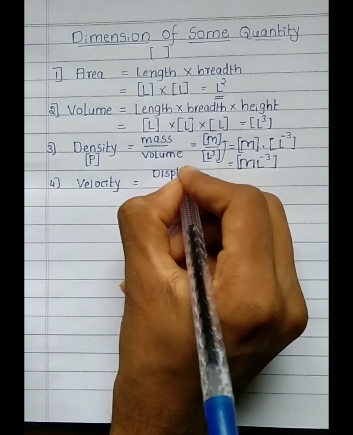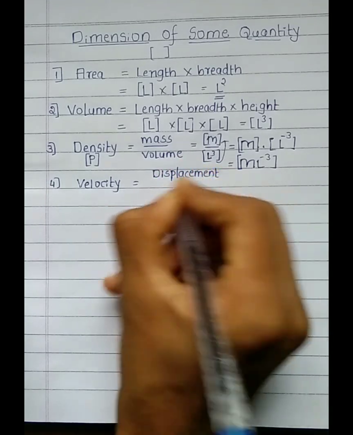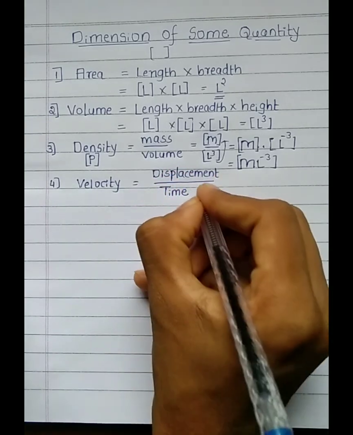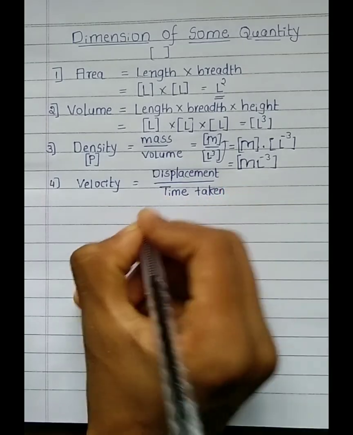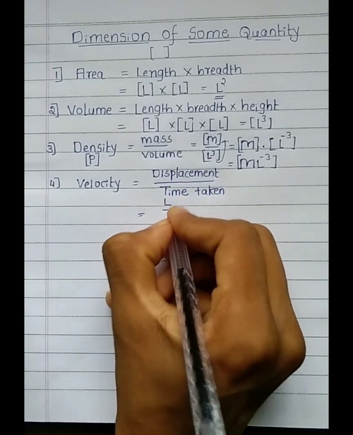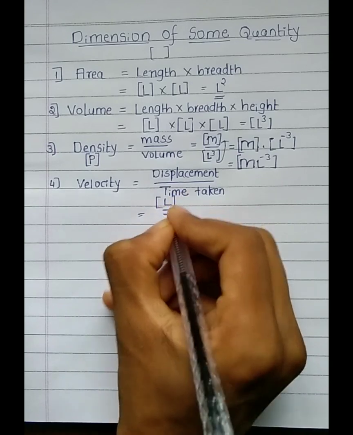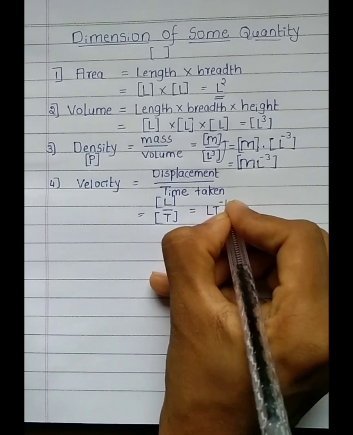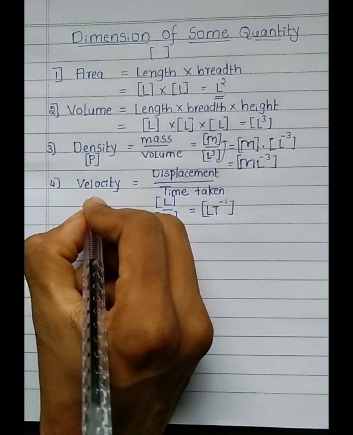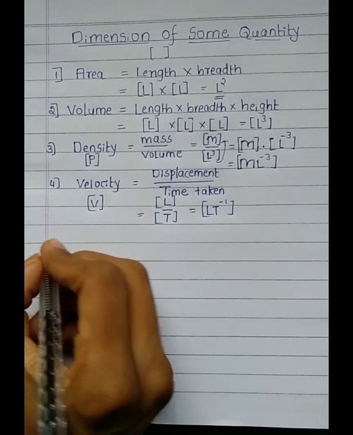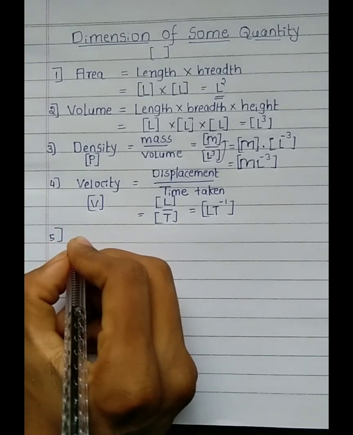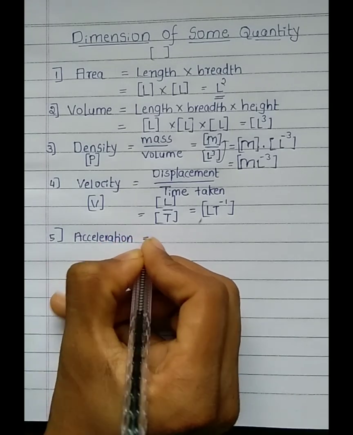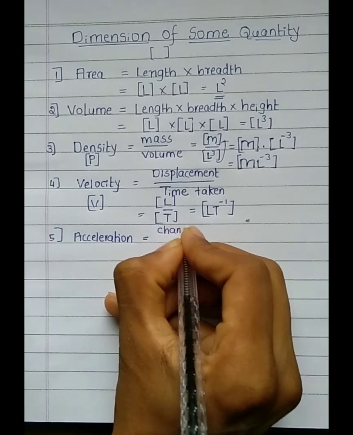Next one, velocity. Velocity is displacement by time taken. In the same way, displacement is taken as L and time is taken as T. So T goes to the upward side, so T power minus 1. So L T power minus 1. Acceleration.